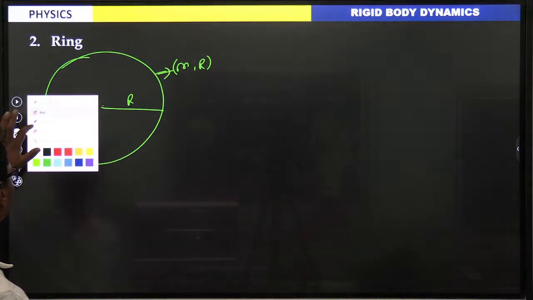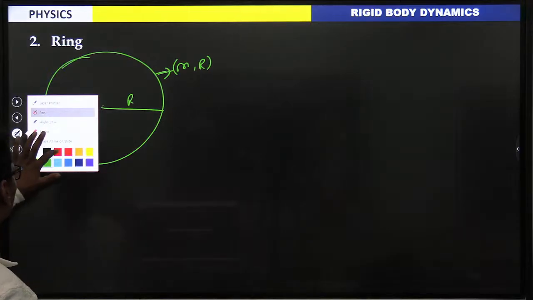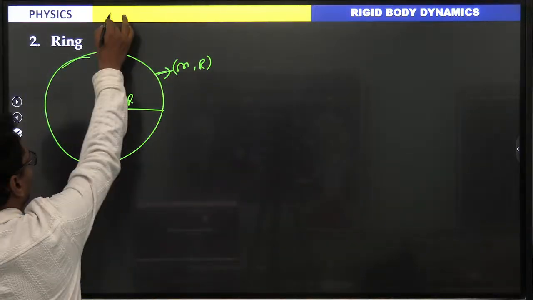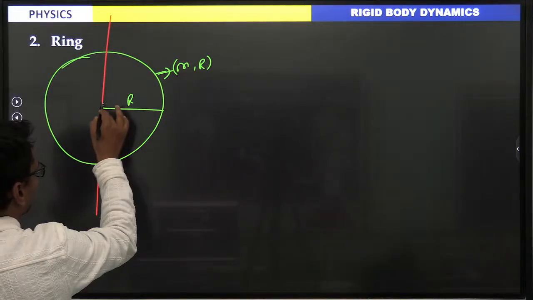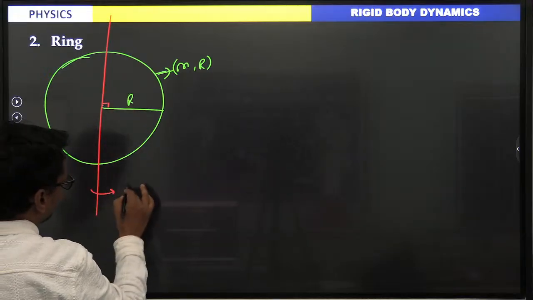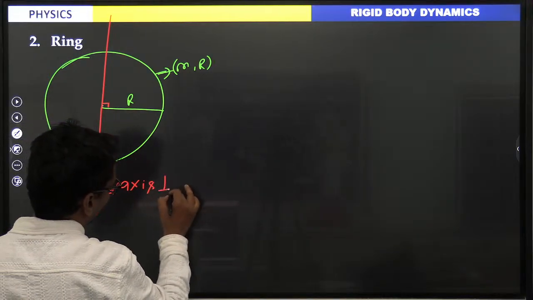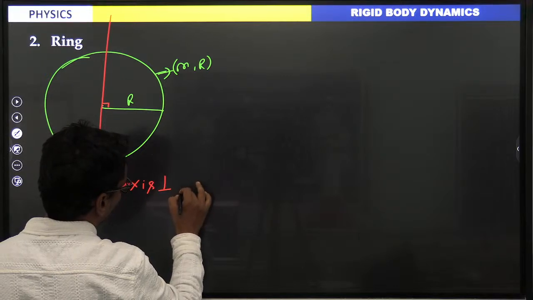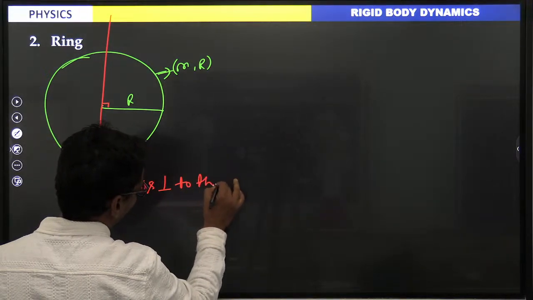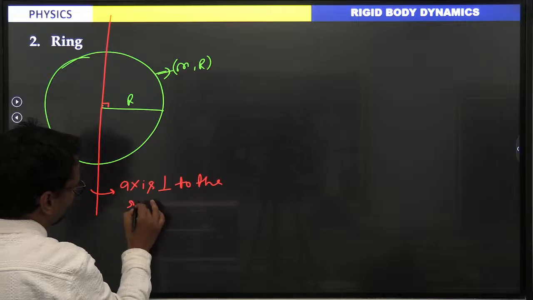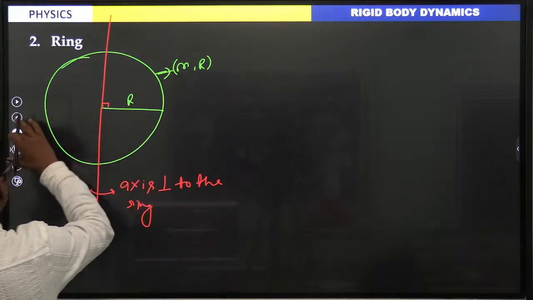Now my target is to find the moment of inertia about this axis, which is perpendicular to the ring. Clear?